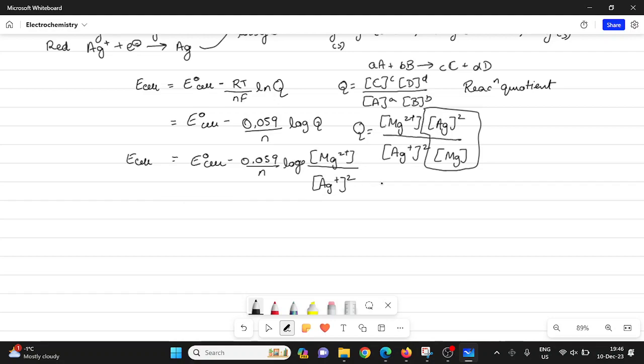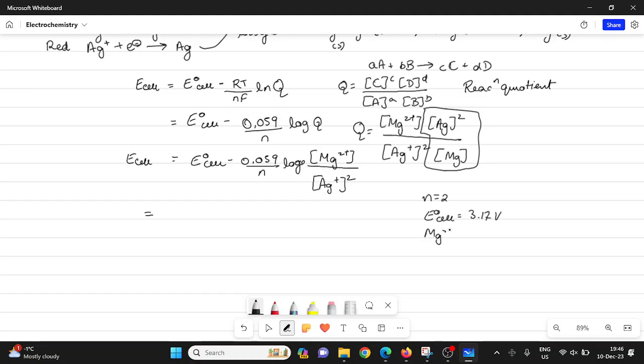Okay, so we know the value of N equals 2 because you have 2 electrons, and we've been given the value of E naught cell, which is equal to 3.17 volts. So let's substitute those values and the concentrations.